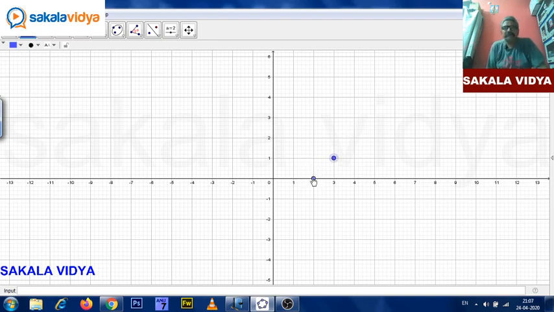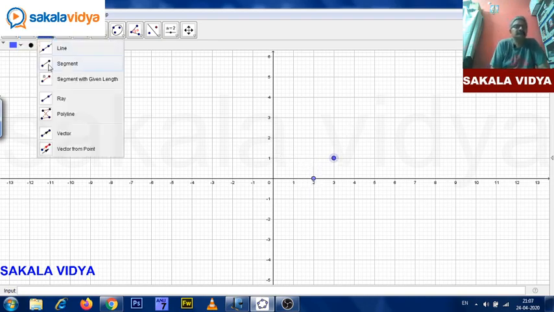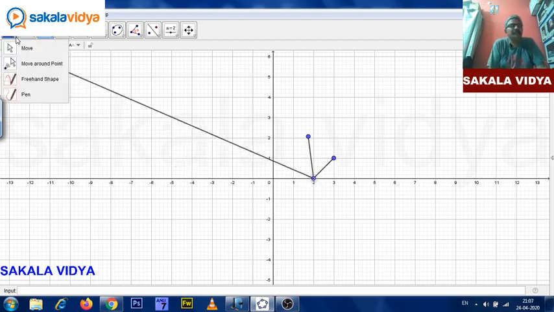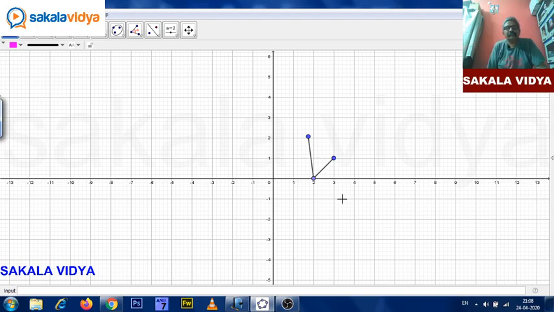And rotated with some angle. So now this point is A, this point is B, and this point is C.